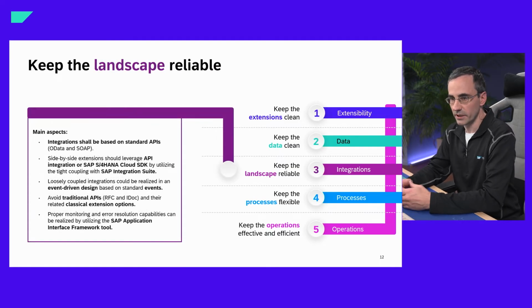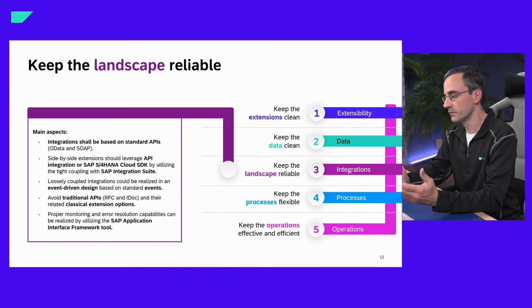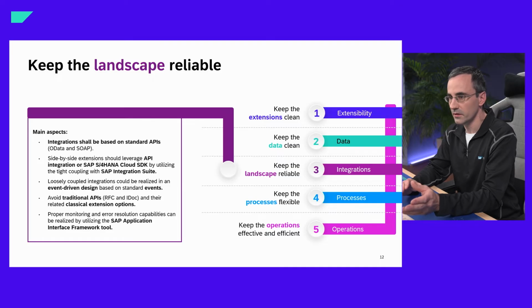When it comes to integrations, Clean Core means using standard APIs from SAP wherever possible. Not everywhere are these standard APIs available. Hence, in line with Clean Core recommendations, you can of course build your own APIs.